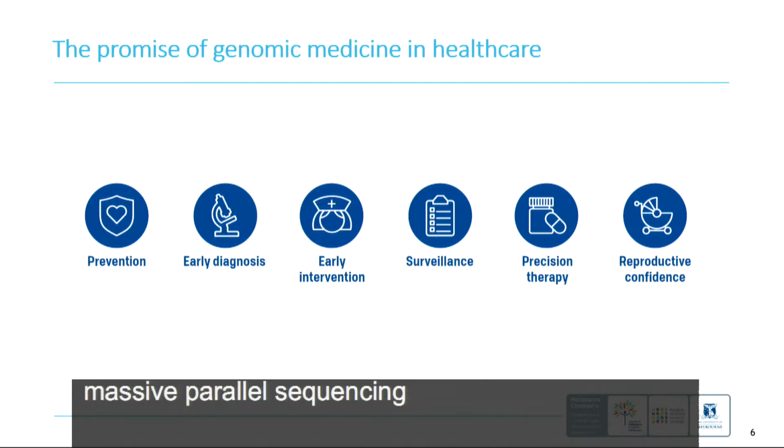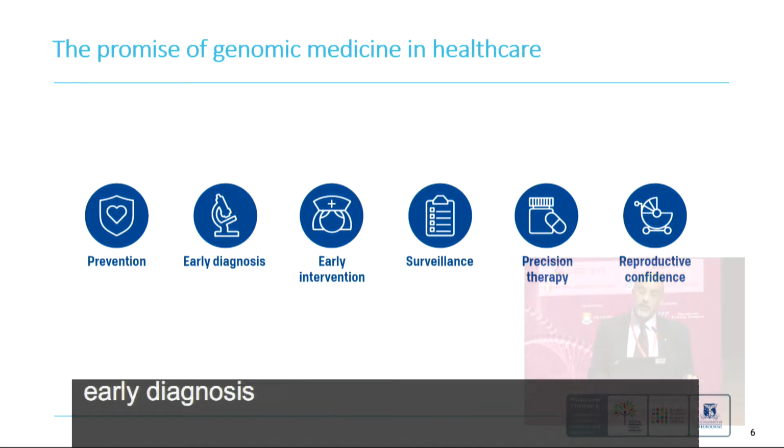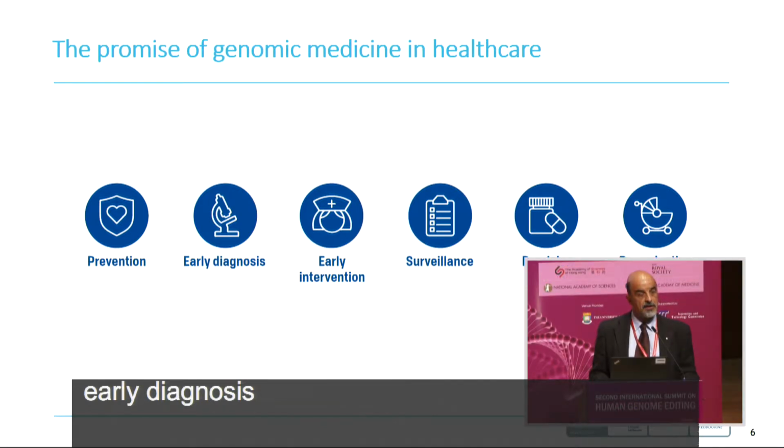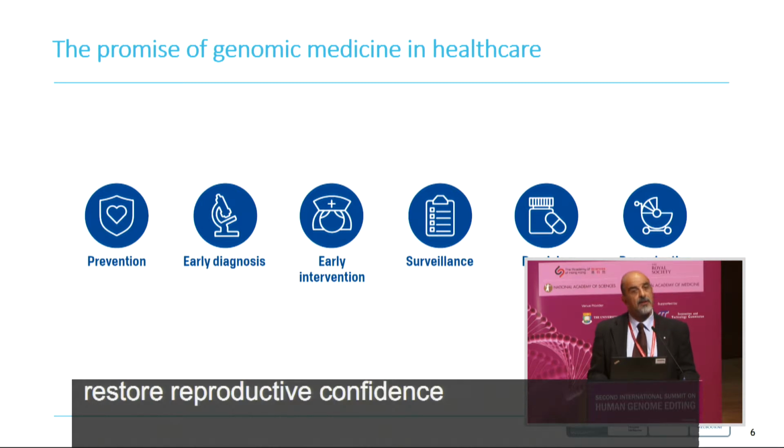And that immediately has implications in terms of being able to restore reproductive confidence to families that might be at high risk of having a recurrence. In a proportion of cases, this might immediately translate to a targeted therapy specific for the underlying genetic disorder and having an understanding of its biological basis.